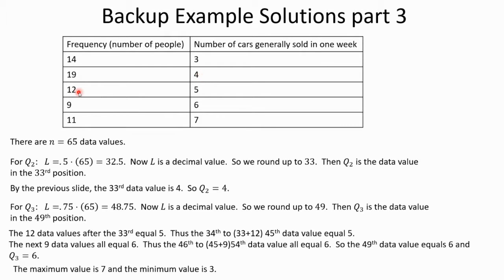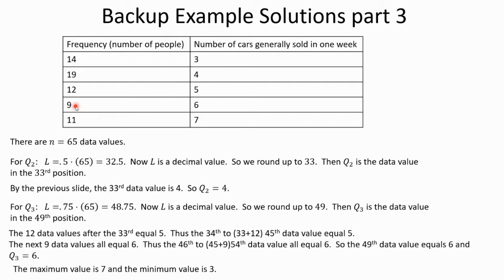The next 12 data values equal 5. So from the 34th position, the next 12, so 34th, 35, 36, 37, you keep on going until the 45th data value, and they're all equal to 5. Well, we're not quite at 49, but we're close.